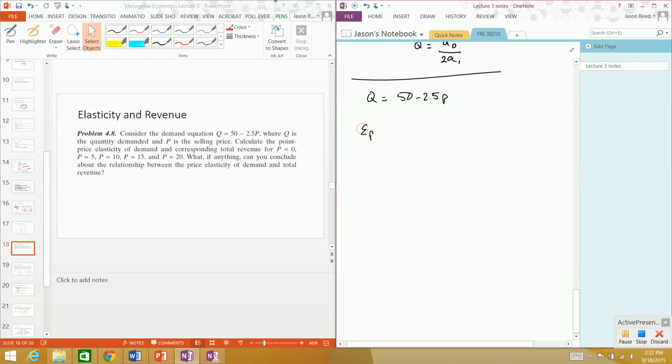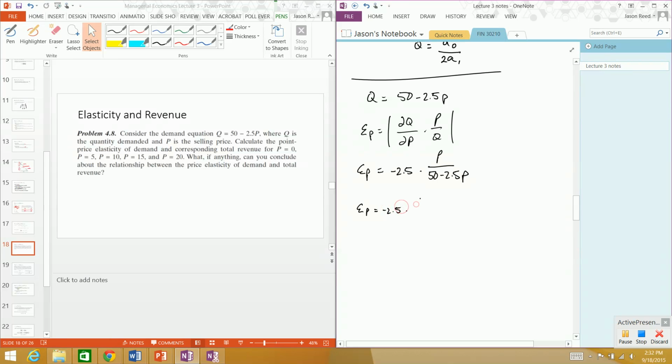So let's start with our elasticity formulation. We have dQ/dP times P over Q, so that we have negative 2.5 times P over 50 minus 2.5p. This is our elasticity of price, and it's going to depend on the prices that we choose here. Let's do a price of 10.